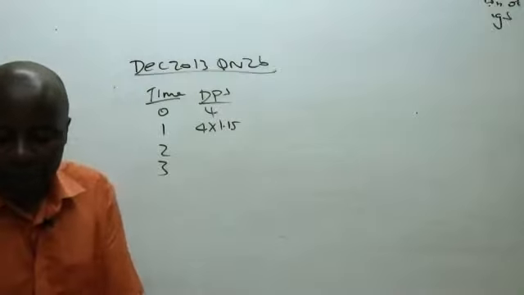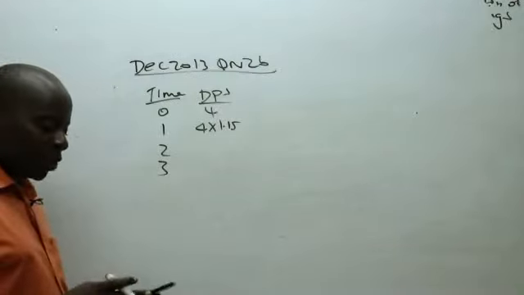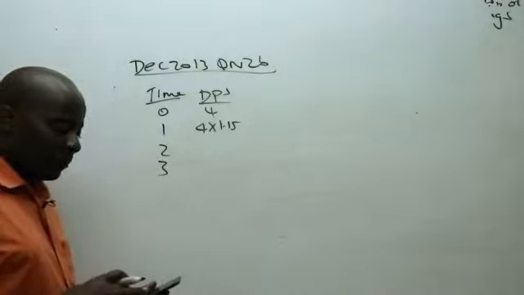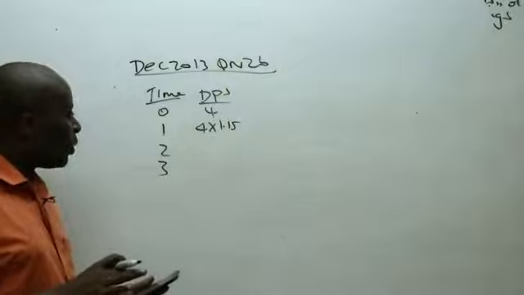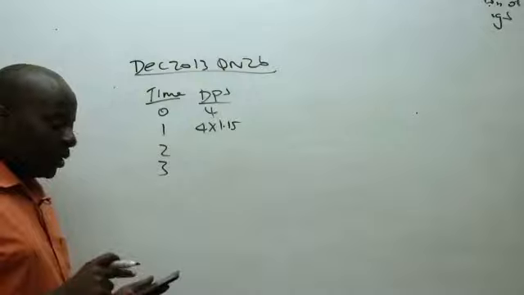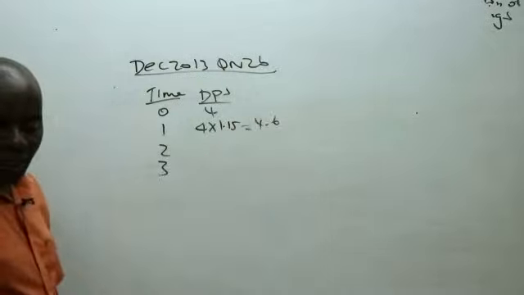So ladies and gentlemen, I'll simply be patient and do the multiplication. 4 times 1.15 gives me 4.6.